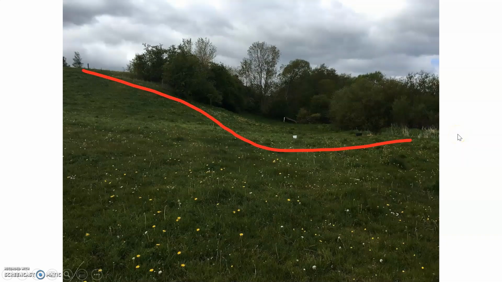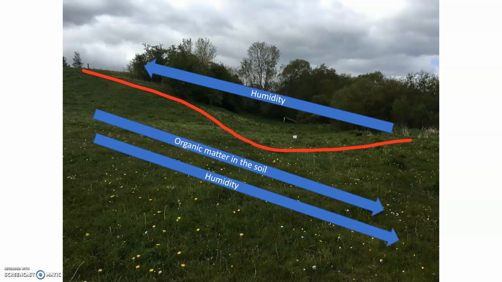So just to give you some examples of what your line transects could look like. This is a meadow, and down here we have a little stream. So you could have a line going from the little stream and up the hill, for instance. That would be one example. The abiotic factors that would vary along a line like this would be humidity.